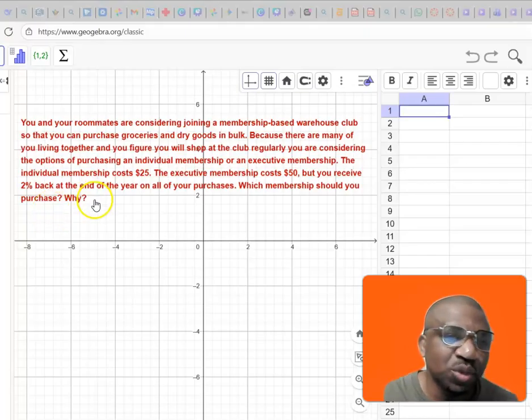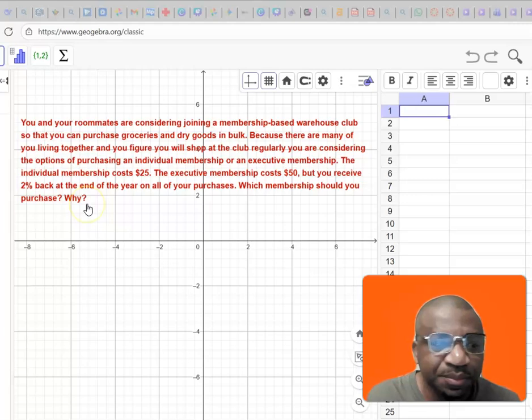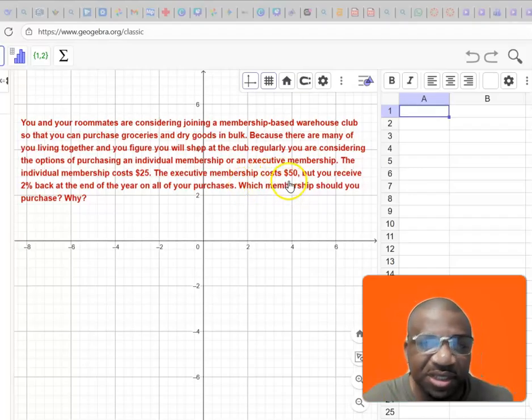So we have two memberships in this problem. So we have the individual membership, which costs $25, while the executive membership costs $50.